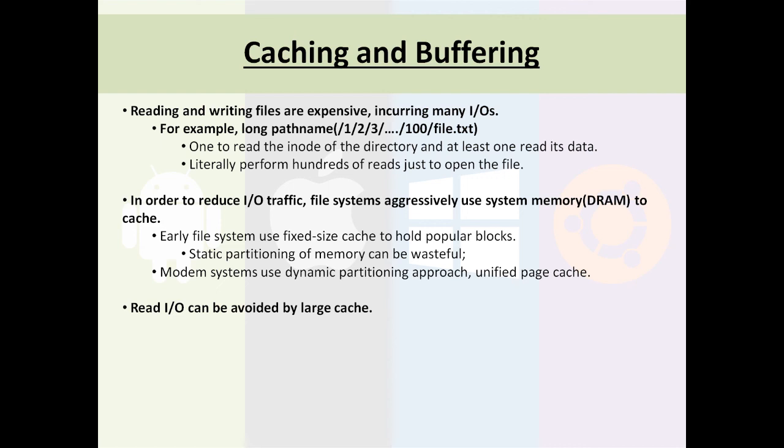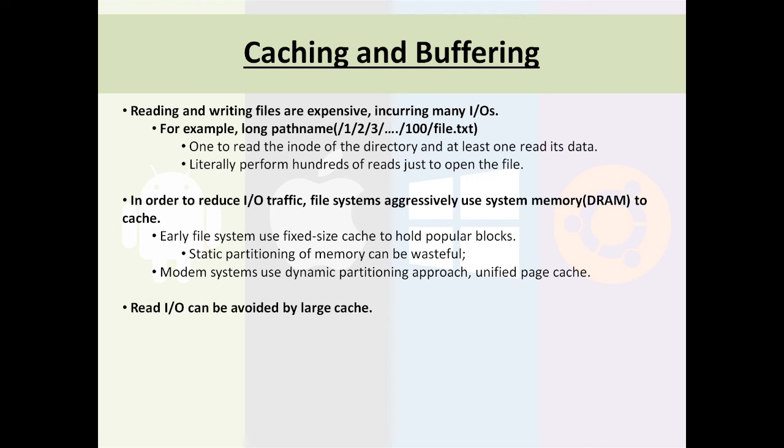For example, for a long path name, you can see how there would be multiple inode and directory references and operations that need to be performed to read one part of your data. And that would literally be hundreds of reads just to open a single file.